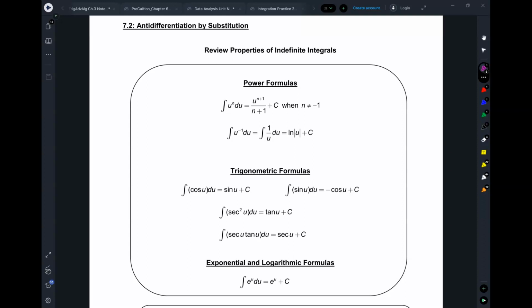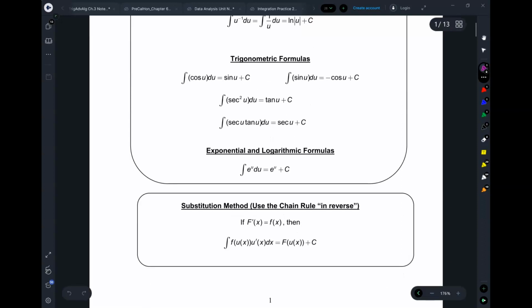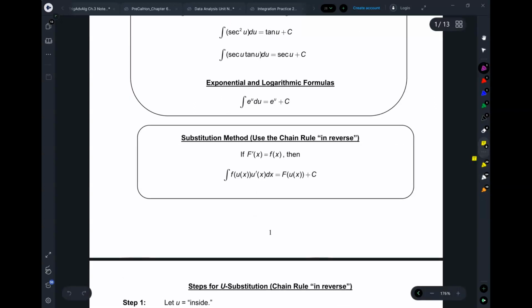When it was time for derivatives, we had to use the chain rule for that. Today, we're going to start the integrals version of that, which is basically the chain rule in reverse, but that's not what we call it. We call it the substitution method.